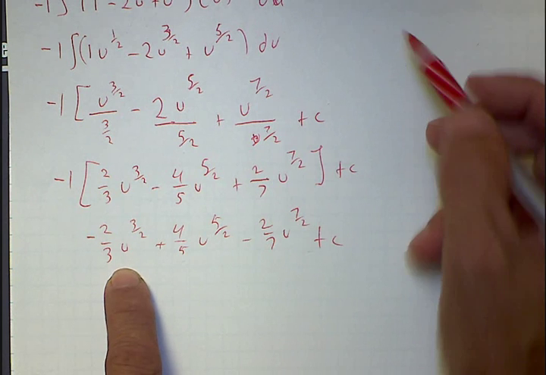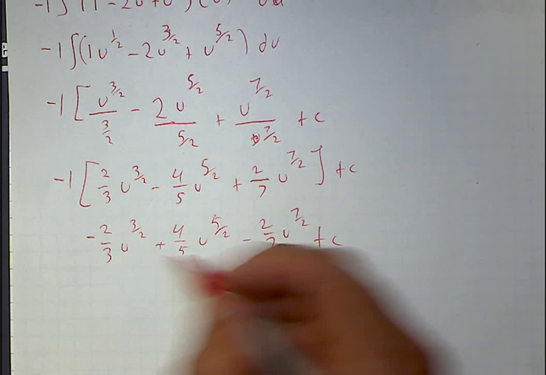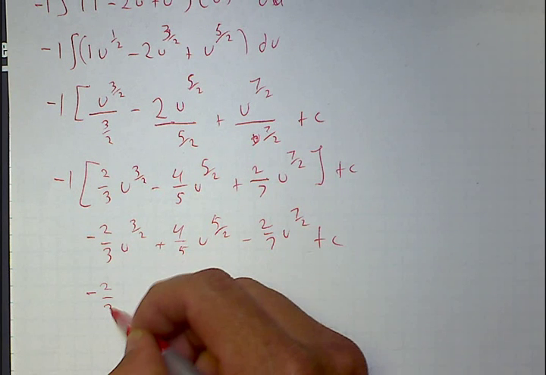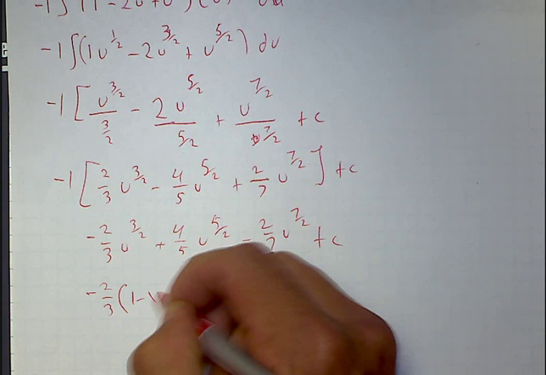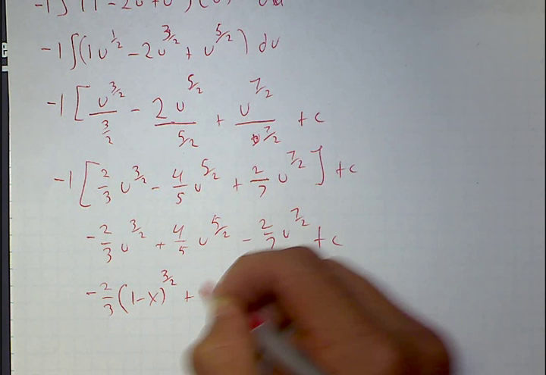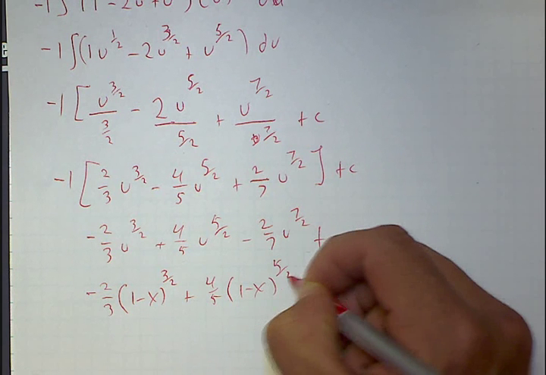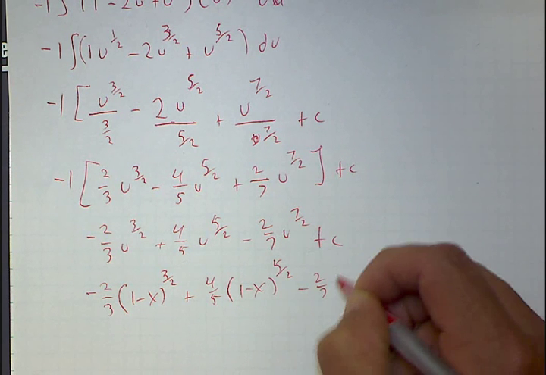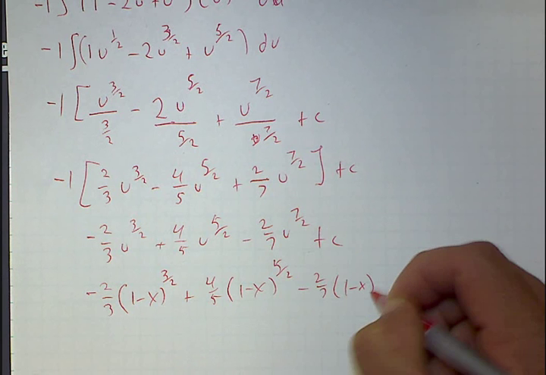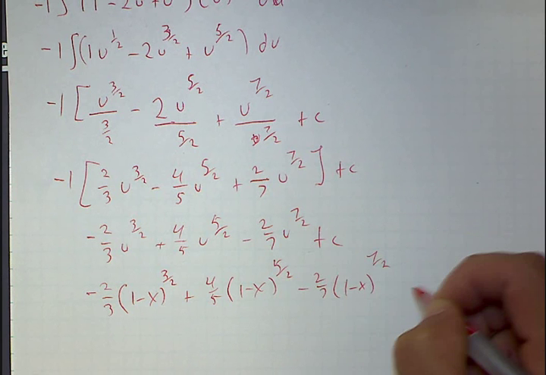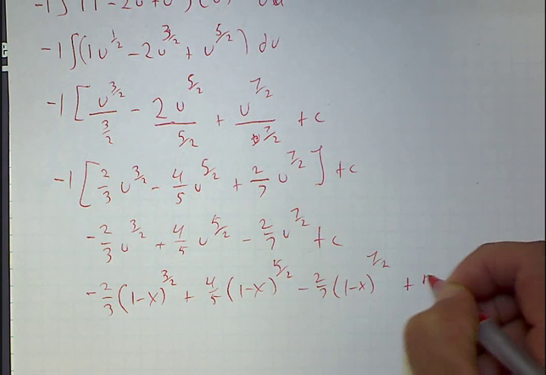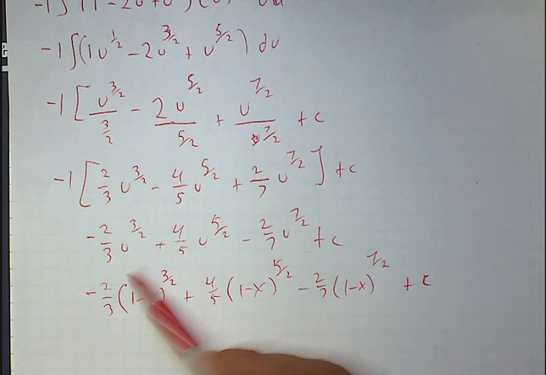So I'm resubstituting back in negative 2/3 (1 minus x) to the 3/2 plus 4/5 (1 minus x) to the 5/2 minus 2/7 (1 minus x) to the 7/2 plus c. Signs are correct, okay?